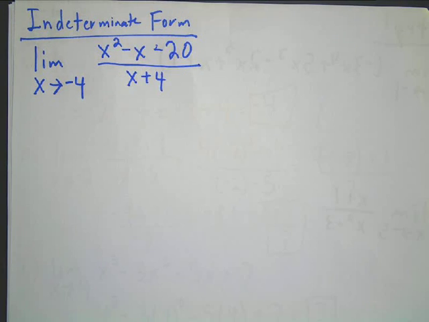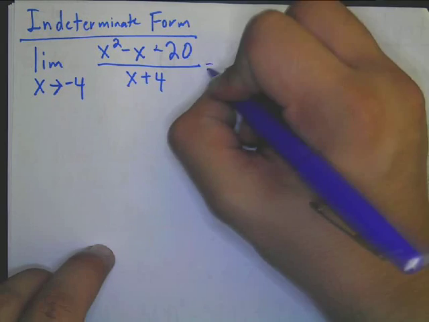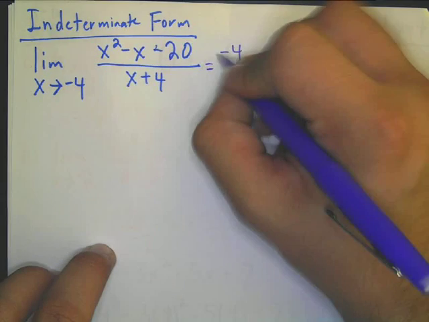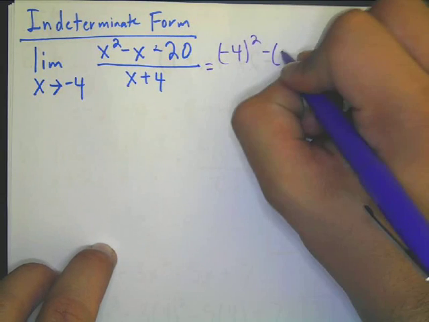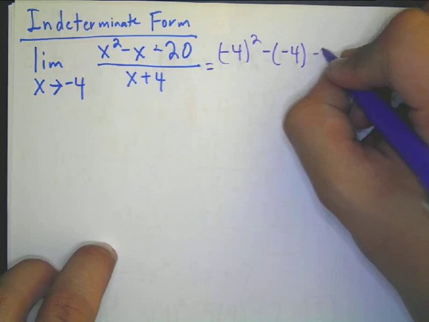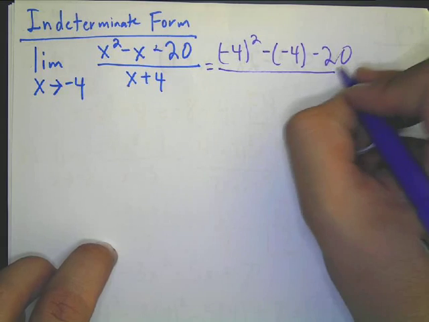So what do we want to do here if we're trying to find this? Plug it in. Let's see what happens when we plug it in. We get (-4 squared minus -4 minus 20) over (-4 plus 4). 0 at the bottom.